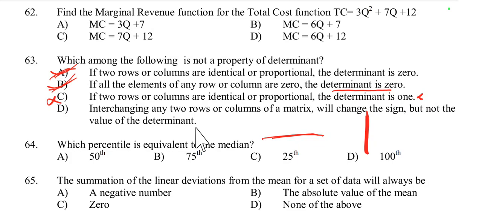Yes, if we interchange any row or column, meaning first row to second or second to first, or first column to second column or second column to first column, then it will only change the sign of the determinant but not the value of the determinant. So this is also right. So options A, B and D are right. You can take any example in this matrix, then find out the value. So here option C is incorrect.